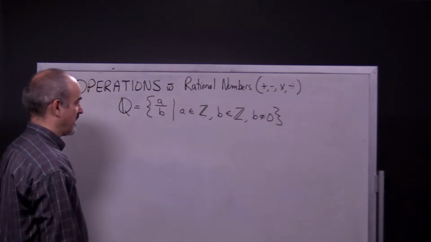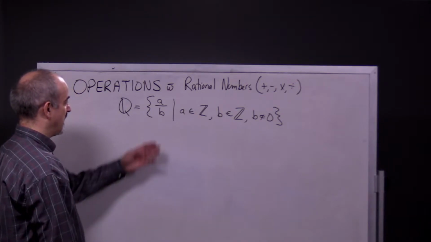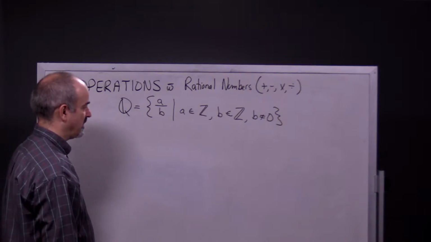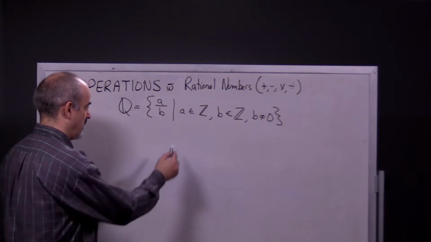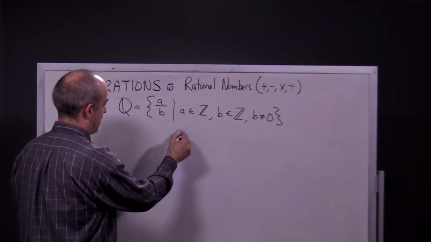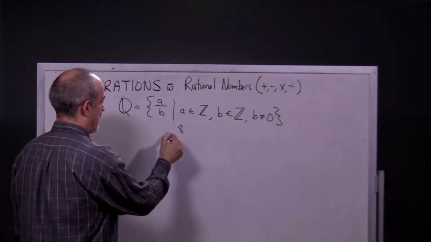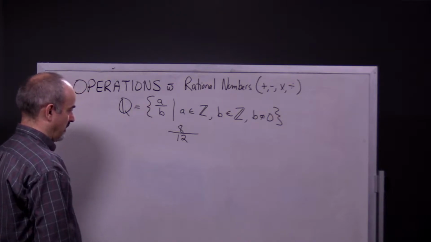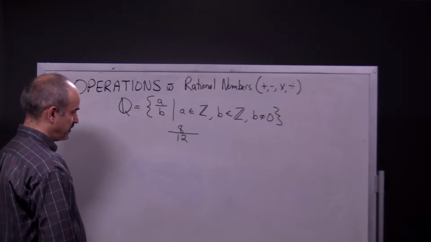So any number that looks like that. That means we can make a number that looks like A over B, where A and B are integers, but B can't be 0. So in other words, I'll pick an integer: 8 is an integer, and 12 is. Okay, so that's a rational number.